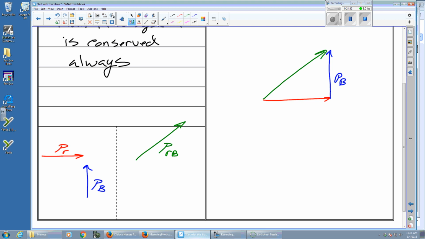And that means that graphically, they form a right triangle. The direction is theta. The speed is going to be related to the magnitude of the green vector.